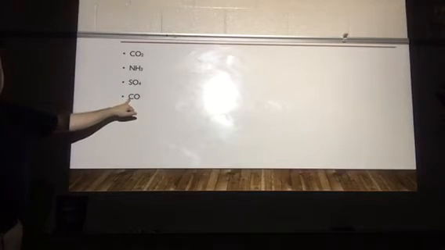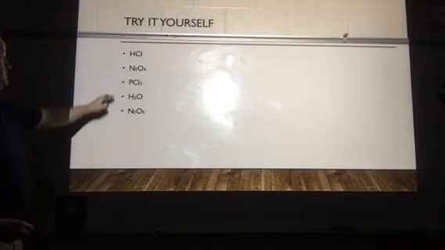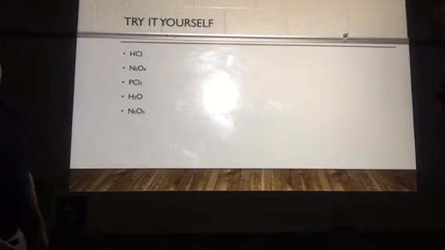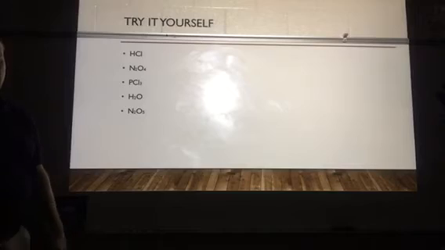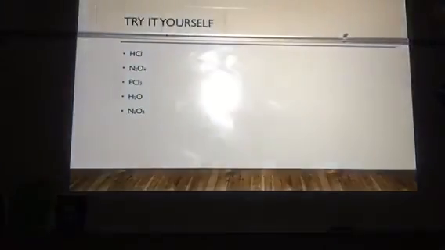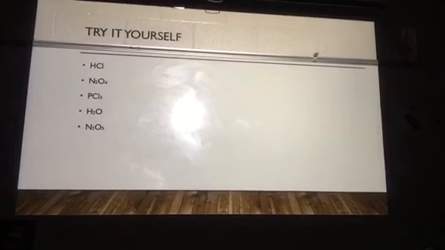And then down here again, this would be carbon monoxide. What I would like for you to do at this time is take these examples that I have, stop the video and try to solve these. Again, just write the name down for the compound.